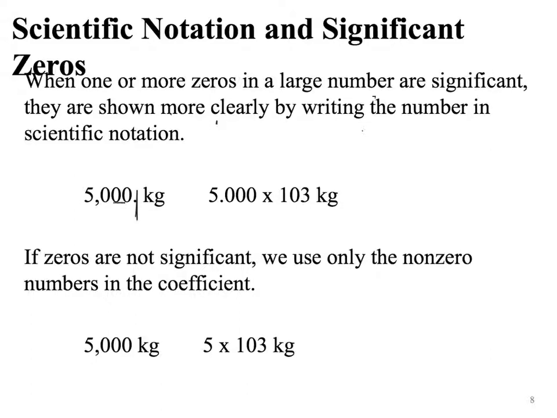Therefore, all these zeros are significant. So when we write our scientific notation in our coefficient, we're going to include all the sig figs. So it will be 5.000 times 10 to the third. If we have it written like this, where is the decimal place? Well, it's not showing. So how many sig figs do we have? Only 1. So you will write 5 times 10 to the third.